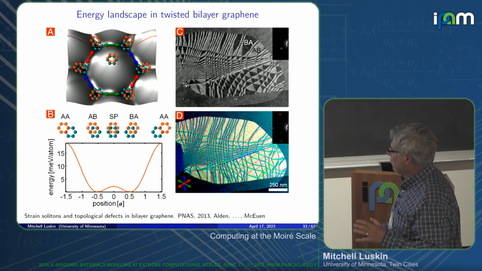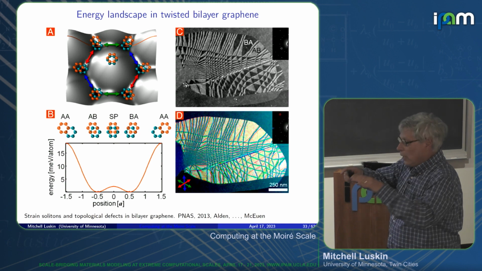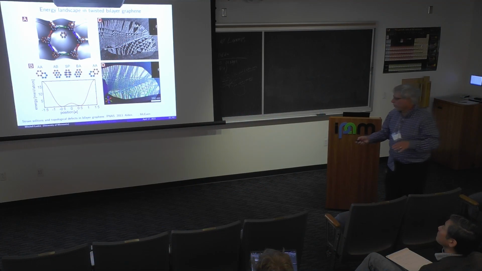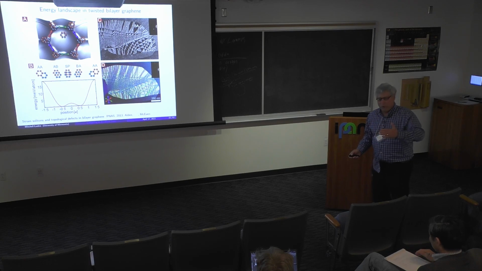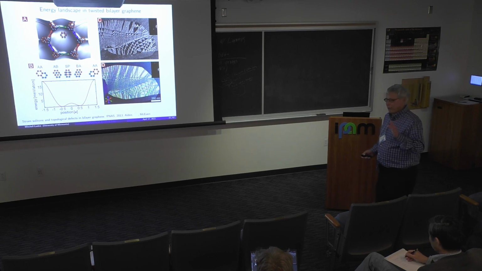So you have this kind of domain structure that I showed you, and I'm doing a lot of work on this recently. The boundaries between the different domains are really something called partial dislocations. So they're not quite full dislocations. And this is what's really neat.